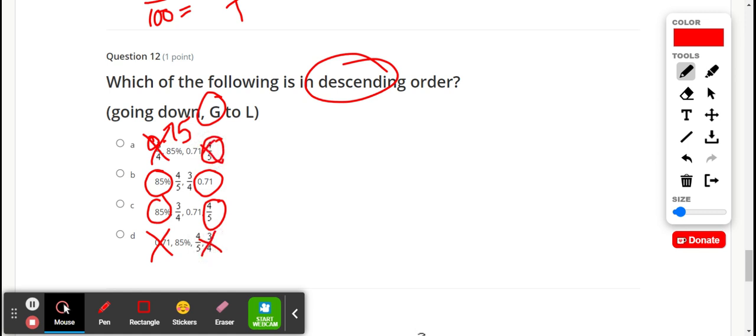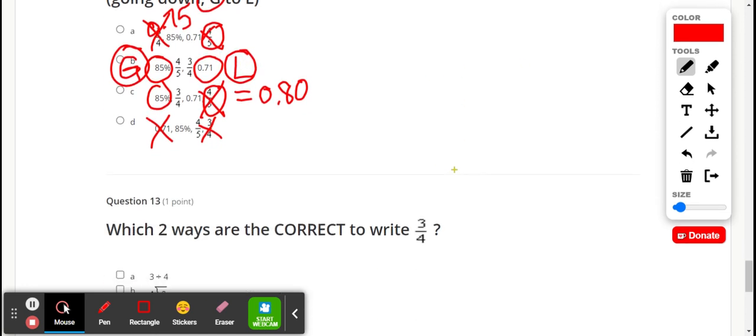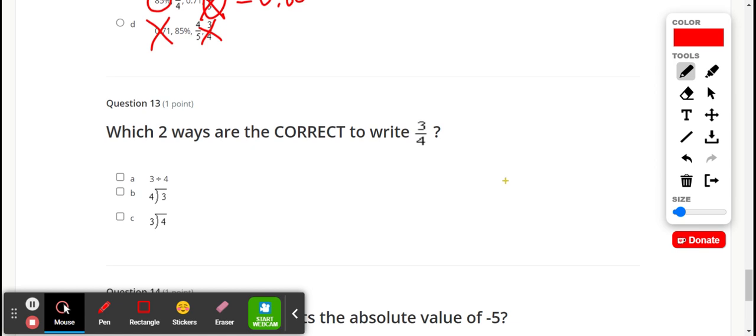We need to see which one is the least. Is it 0.7 or is it 4/5? We did 4/5 already. 4/5 is 0.8 or 0.80. So that one is not the least. Here's your goat, and here is your L. Greatest to least.